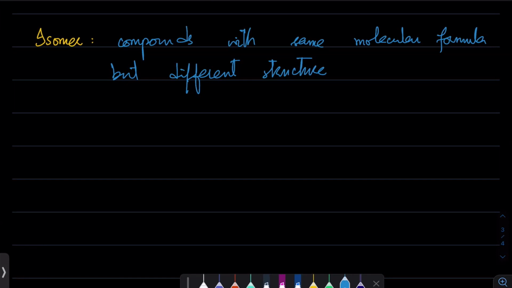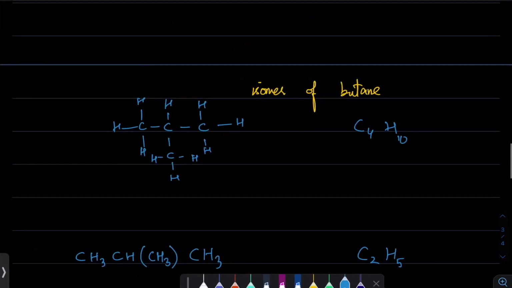So compounds with the same molecular formula, that means that the number of atoms in both of them is identical, but they don't have the same structure, which means that except for the same molecular formula, nothing else is the same. Everything else is absolutely different, poles apart sometimes. So technically they're not the same compound. Okay, they're not the same compound. All right?